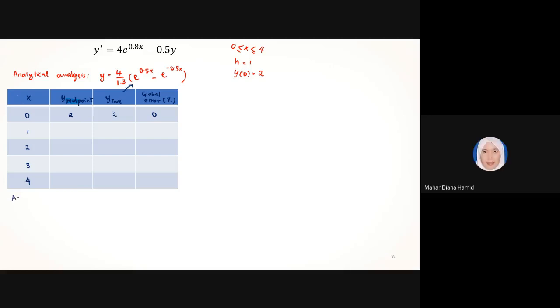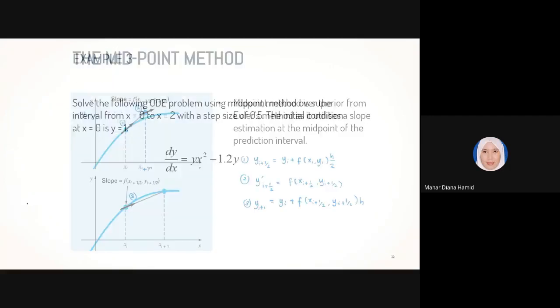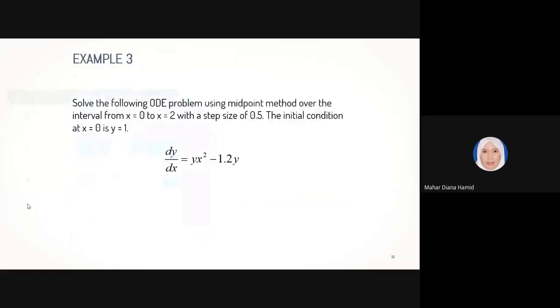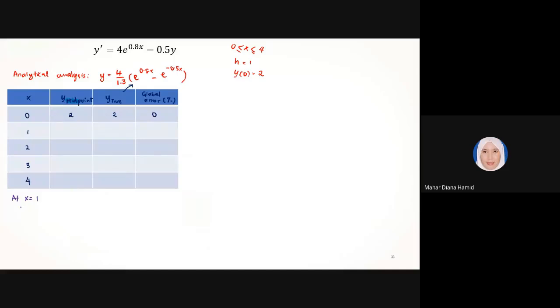Okay, so at x equals 1, using the equation previously, I'm going to use these 3 equations. So at x equals 1, this is step number 1. So this is the slope.